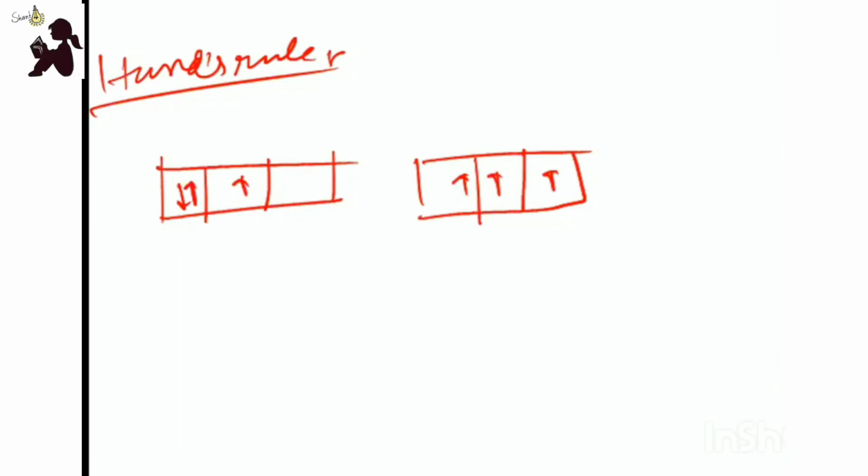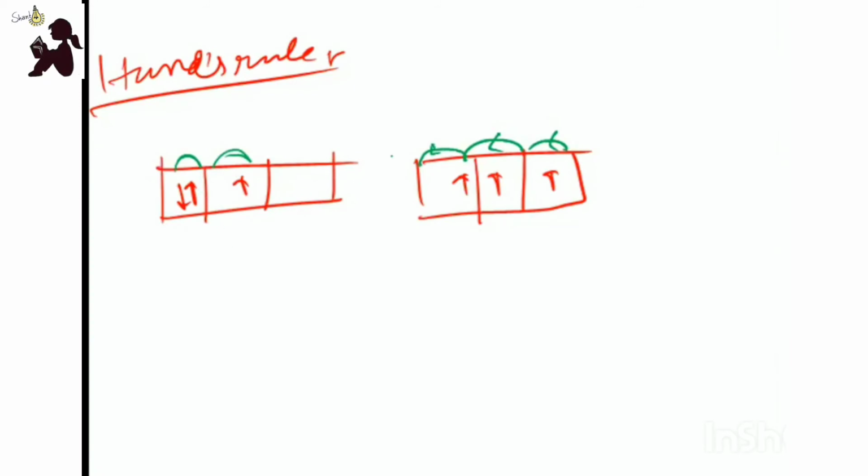According to Hund's rule, energy distribution should be maximum. One of the orbitals is empty here, so this is less stable and the other is more stable.